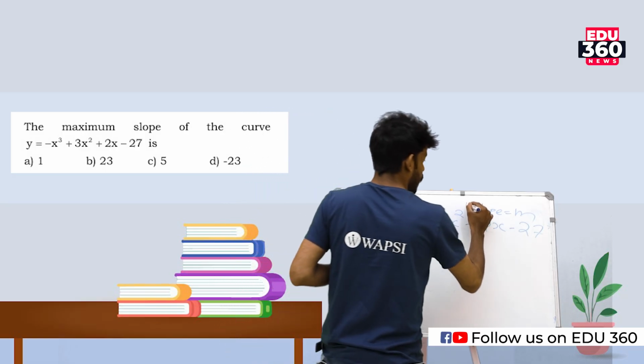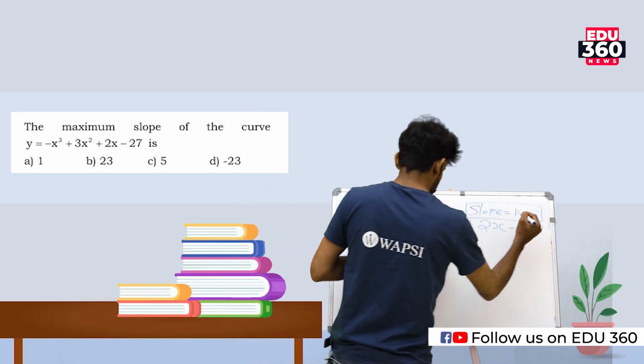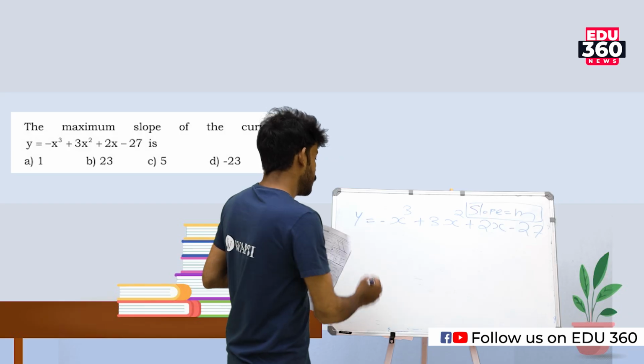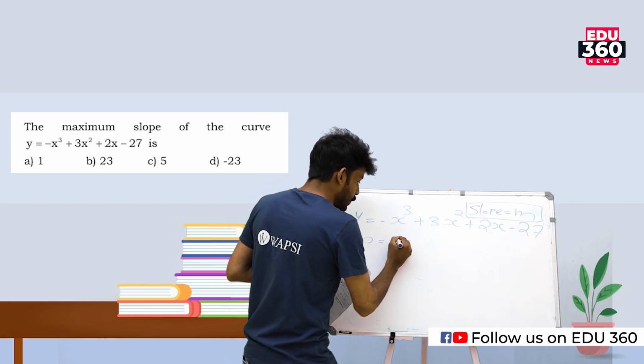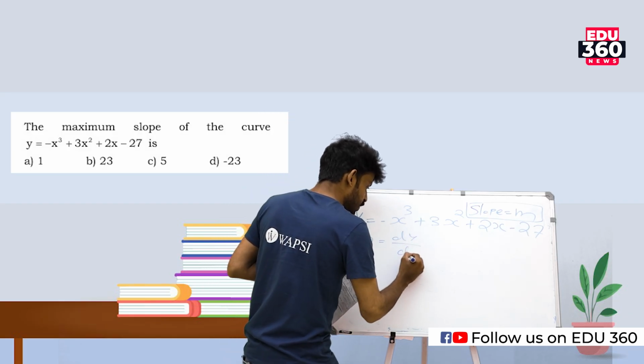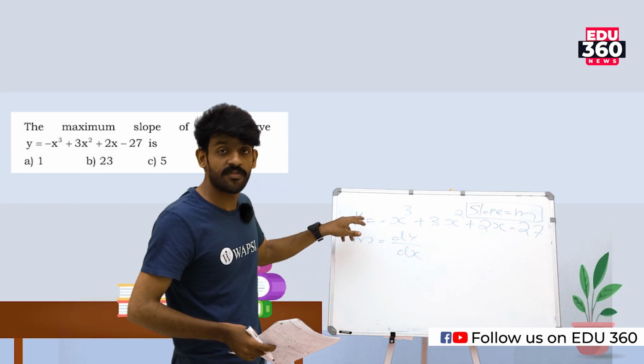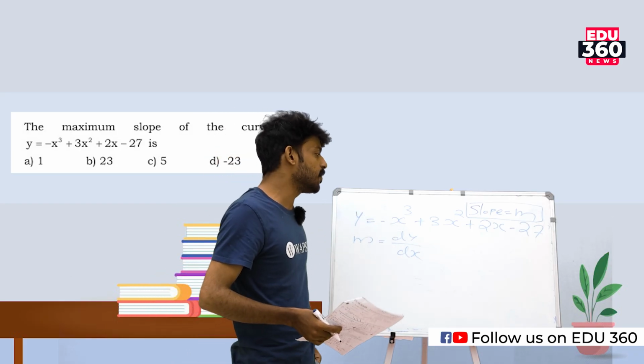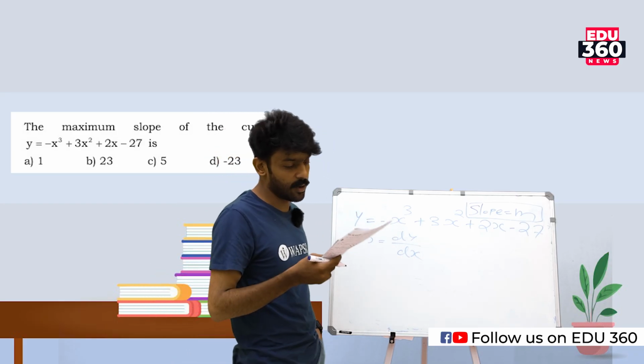Slope is equal to m. We know that m is equal to dy by dx, and in the question, y is given as minus x cube plus 3x square plus 2x minus 27.